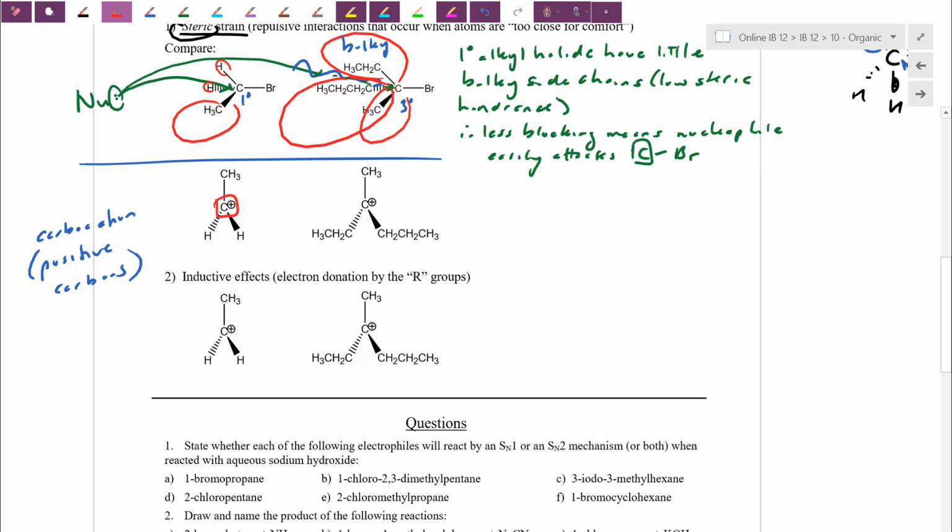This one here is a primary carbocation, it only has one carbon group that has inductive effects that can push some of its electron density to try to stabilize that positive bit. Versus a tertiary carbocation, where I have three groups. Although all those groups are neutral, they can positively induce here. There's greater inductive effects for tertiary. So therefore, we have more stability.